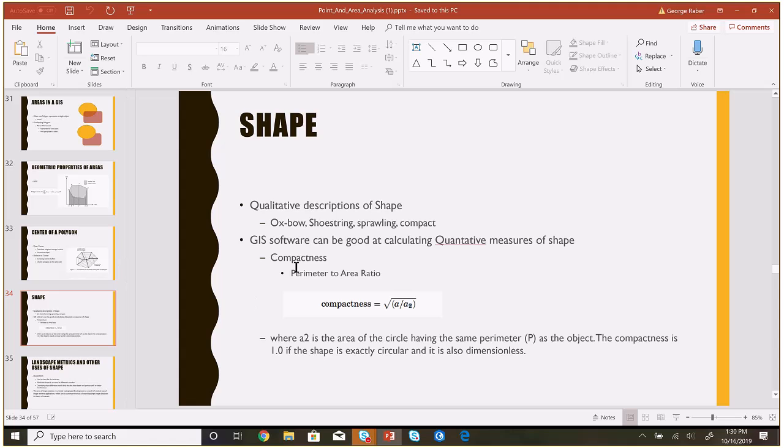One of the more common ones is the compactness. The perimeter area ratio is one common measure of compactness. What this does is it takes the perimeter, divides it by the area, and takes the square root.